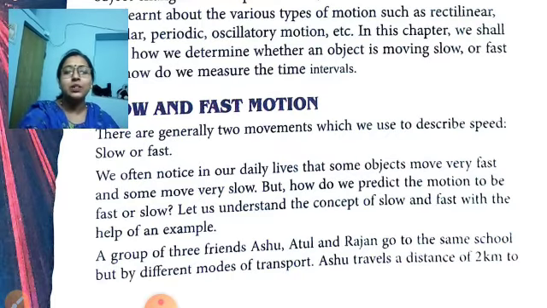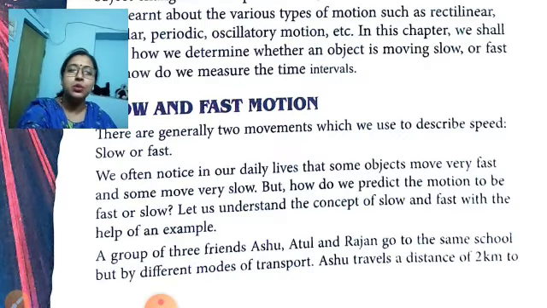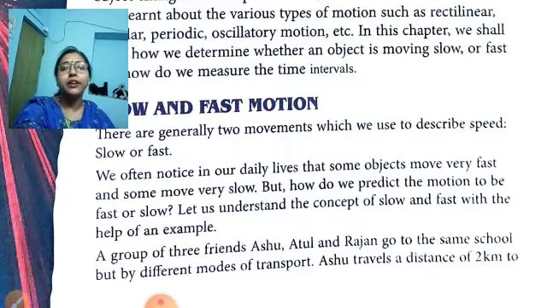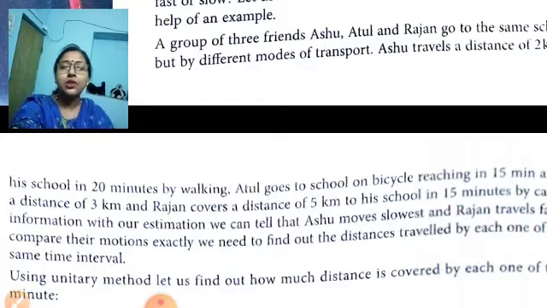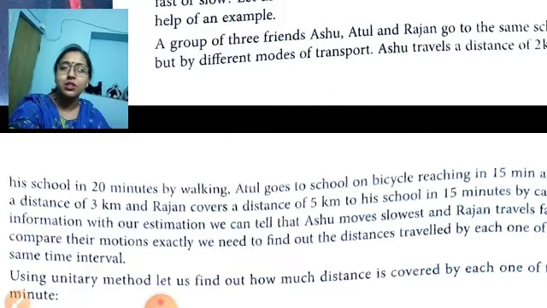So an example has been taken: a group of three friends, Ashu, Atul and Rajan, go to the same school but by different modes of transport. Ashu travels a distance of 2 kilometers to his school in 20 minutes by walking. Atul goes to school on bicycle, reaching in 15 minutes at a distance of 3 kilometers.